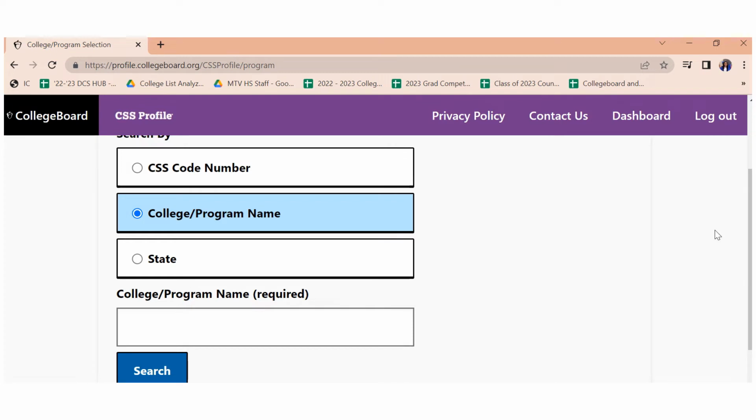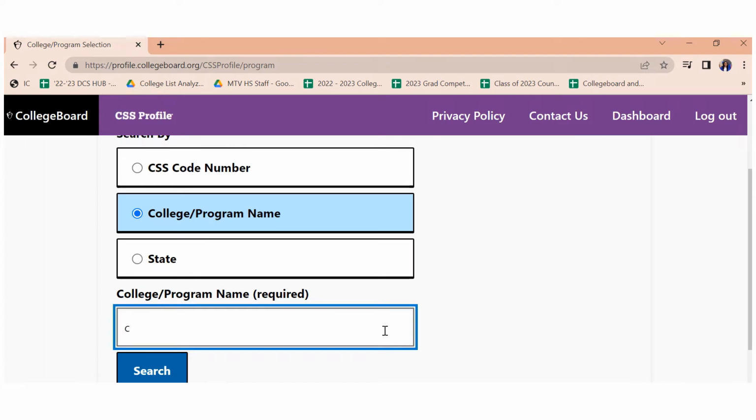Whereas FAFSA is looking at how much federal aid a student might qualify for, and then colleges look at that, private institutions use the CSS profile in addition to that to determine how much institutional need-based aid they might offer you. So colleges in Colorado that require this are Colorado College and University of Denver. So we'll use those as an example.